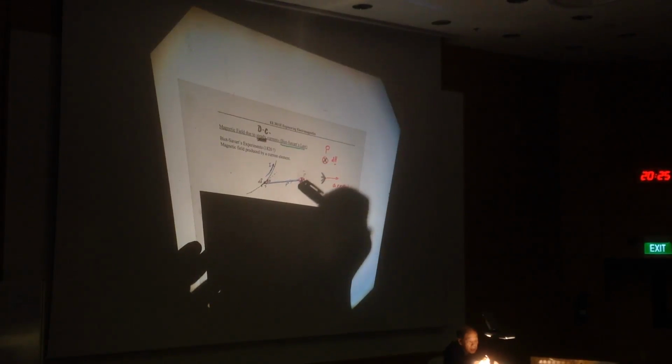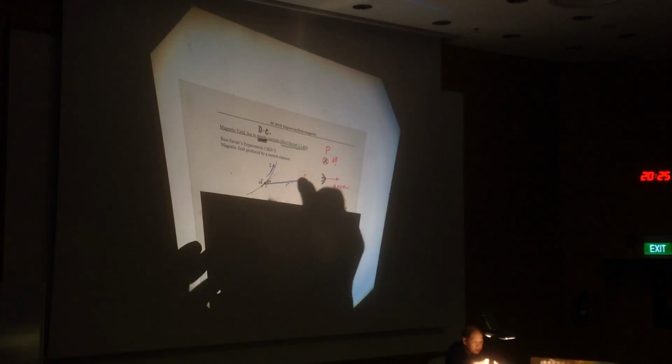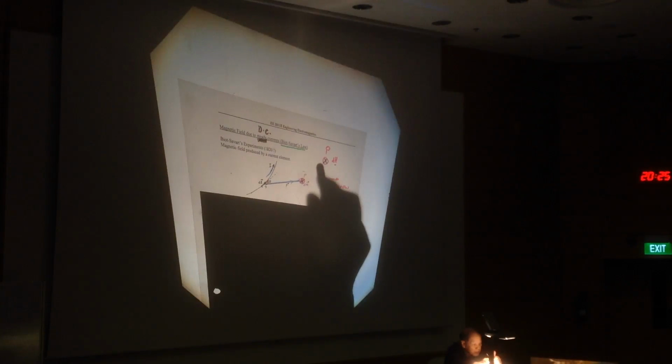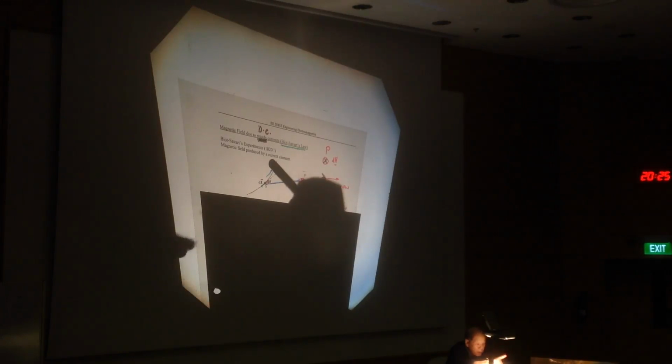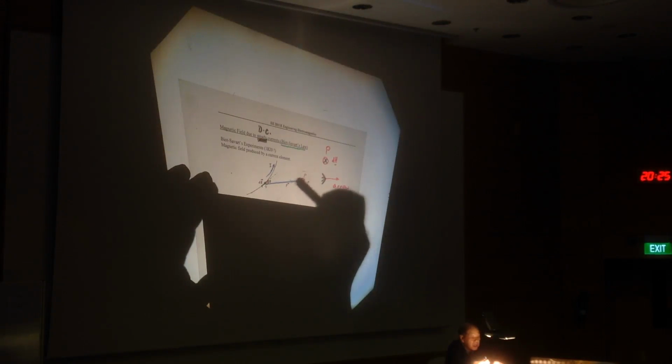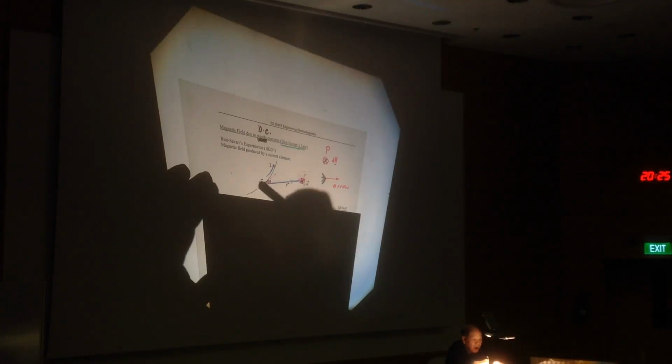So at a point P, distance R, I want to find the magnetic field at point P here. The problem gives me part of a wire carrying a steady DC current I, and at a given point P, distance R, what is the field at the point P from this small element dl? I break the length of the wire into small dl.